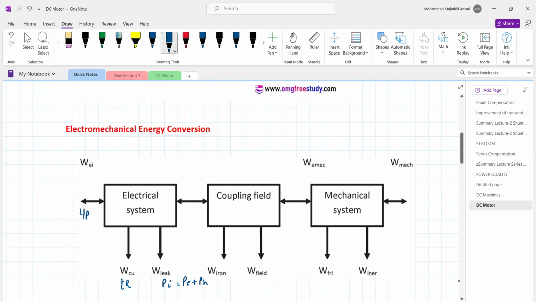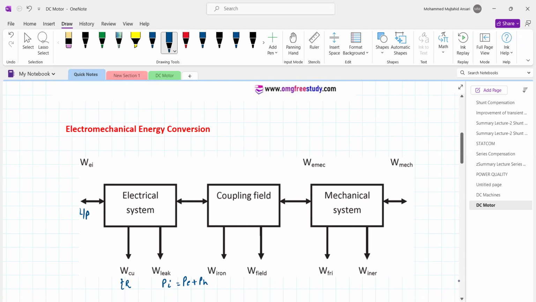Iron loss is due to the magnetic material and it induces some EMF, and because of this induced EMF the current does not find an external path, so current flows in the form of eddies, therefore it is called the eddy current loss. Again it is the I square R loss. And hysteresis loss depends upon the type of magnetic material.